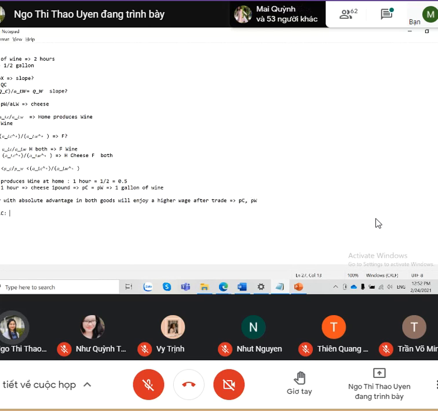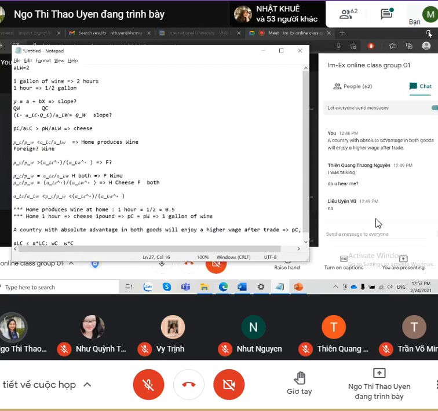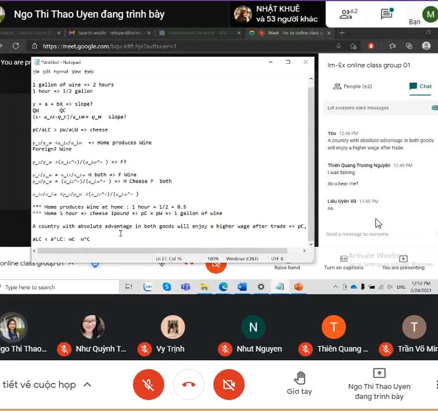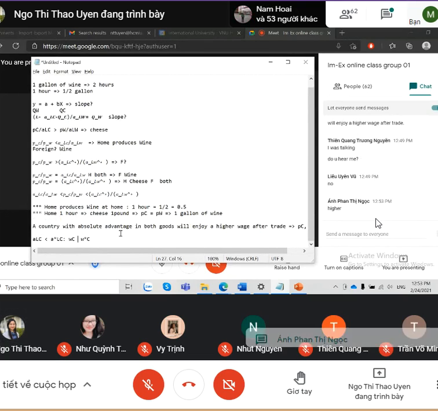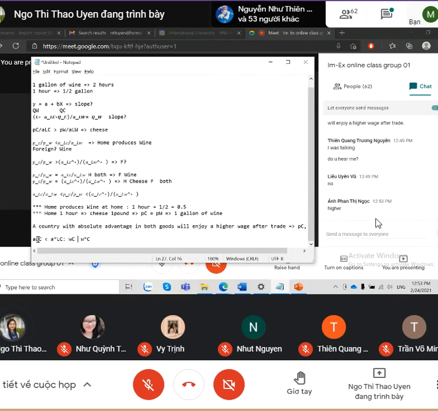So if home has absolute advantage in producing cheese, then the wage of cheese in home, how to compare that with the wage in foreign, smaller or higher? Wage is equal to price divided by unit labor requirement.